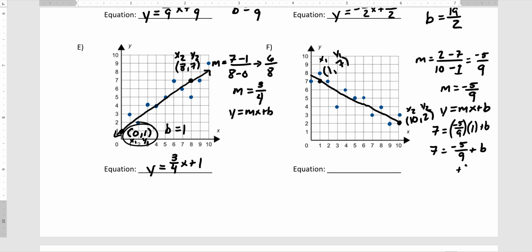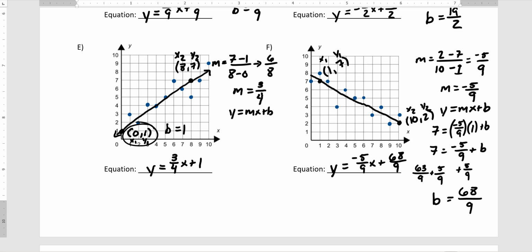And then I would add 5 ninths to both sides. Now 7, that'd be 7 times 9 is 63 ninths plus 5 ninths. So that would tell me that b is 68 over 9. All right, so my equation would be y equals negative 5 ninths x plus 68 over 9.